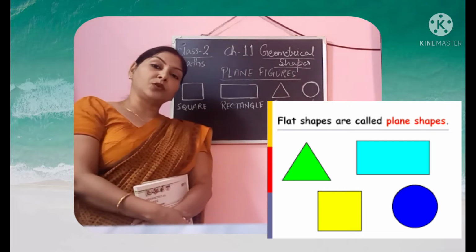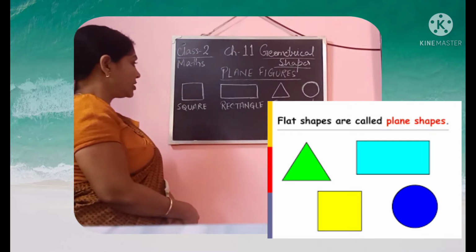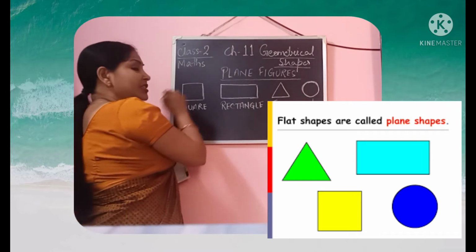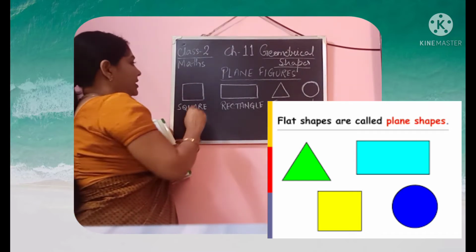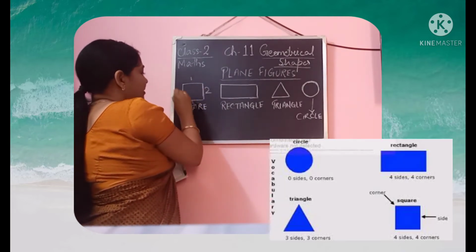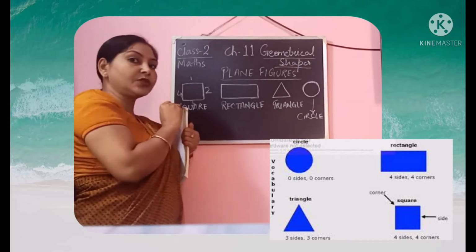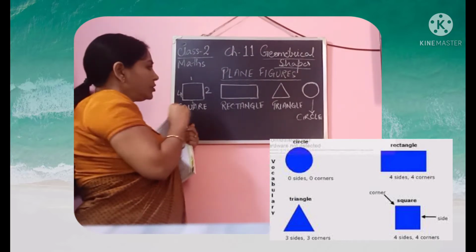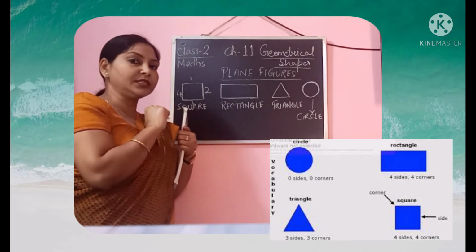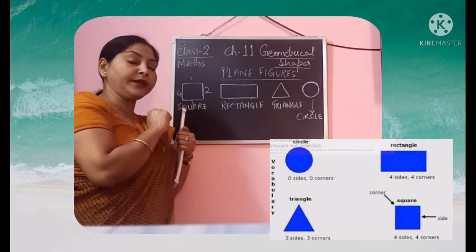Why is it called square? Because first and foremost, it has 4 sides. How many sides does it have? 4 sides. A square has 4 sides. You will say, ma'am, a rectangle also has 4 sides. But what is the difference between a rectangle and a square?